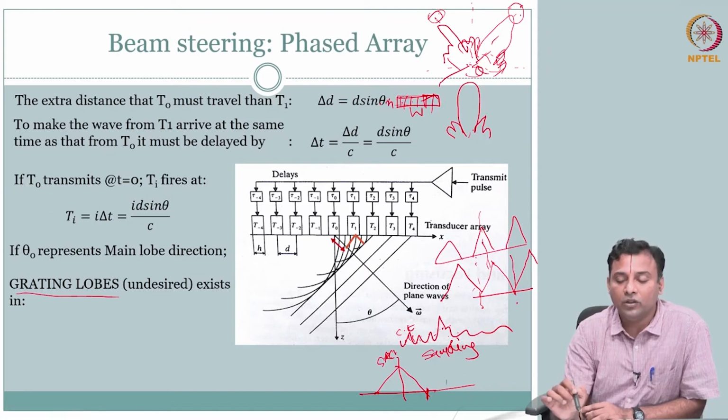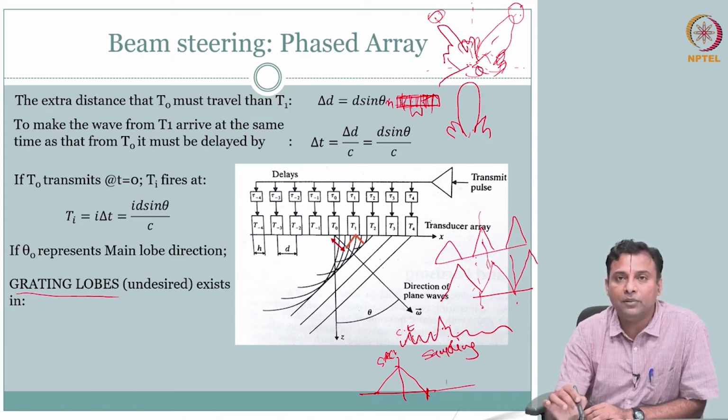Clear? So instead of one crystal, for which I know you get a pattern like main lobe and side lobe, now I have sampled it, I have picked different spatial locations. So I have one crystal here, another crystal here, another crystal here.